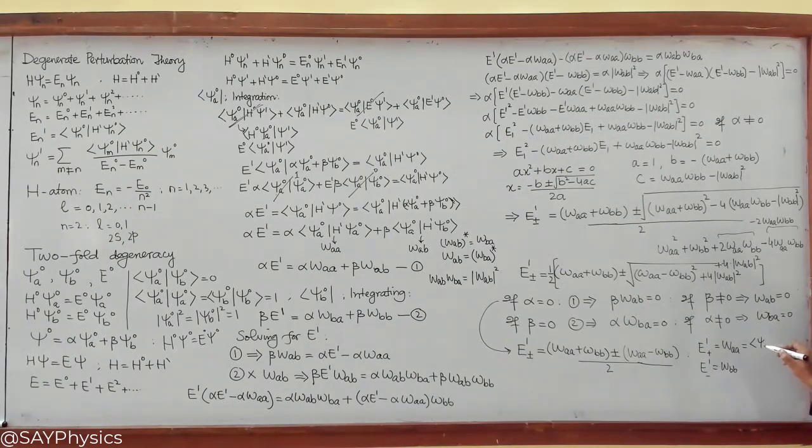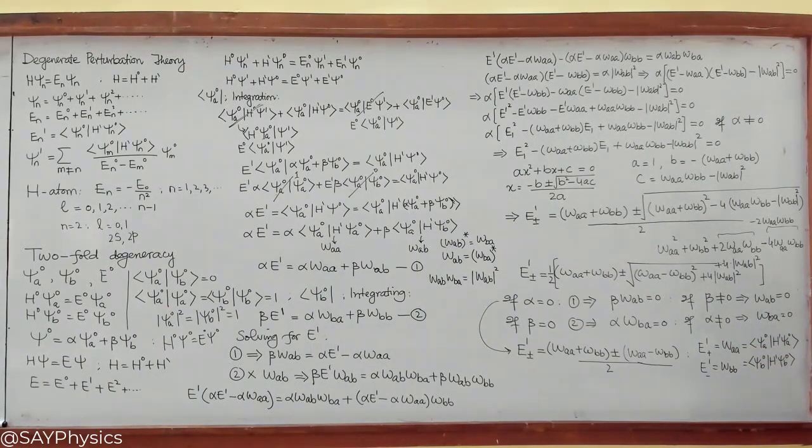WAA is psi A0 H prime psi A0. And what is WBB? Psi B0 H prime psi B0. You got 2 values, E1, E plus and E minus of E1, 2 values.